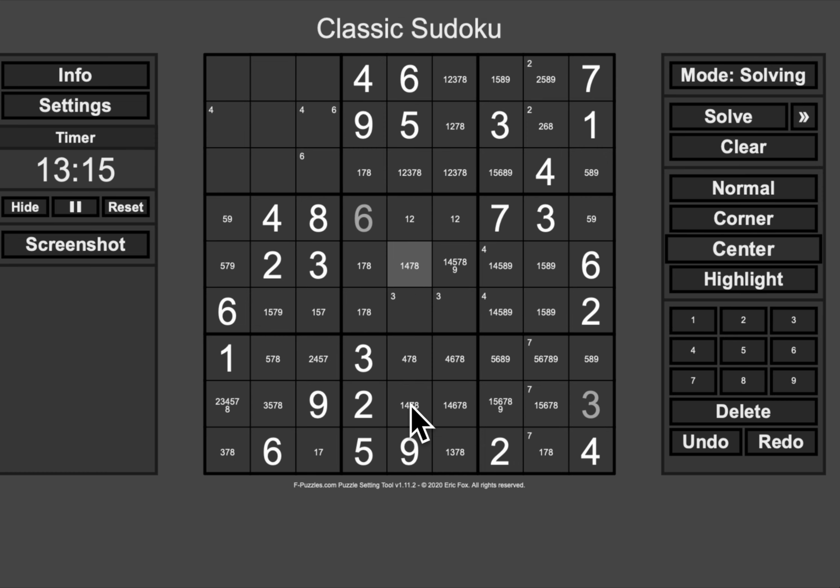That's 1, 4, 7, 8. Oh, there's a 1, 2 pair here. Which in fact says none of these cells can be a 1. That cell can't be a 1 either because the 1 in this box is in one of these 2 places.